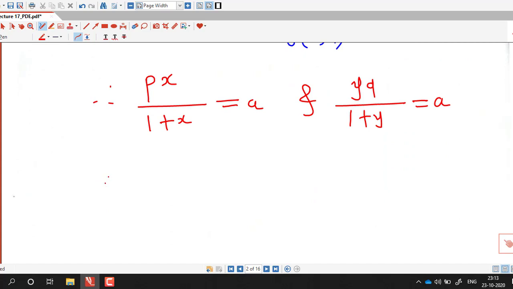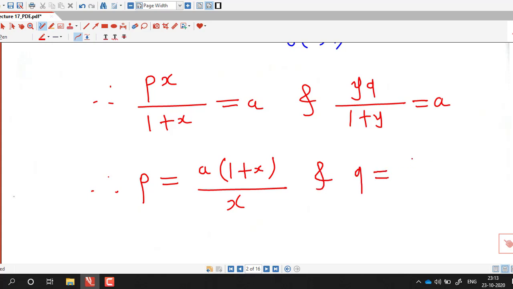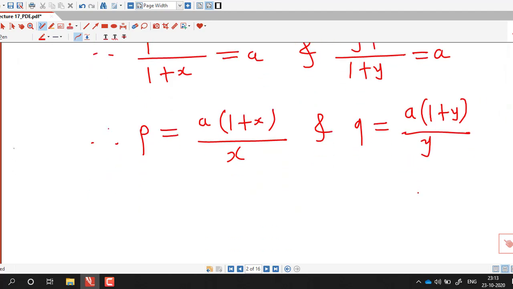So now we find out small p and small q. Small p is a times (1 plus x) divided by x. Similarly, small q is a times (1 plus y) divided by y.